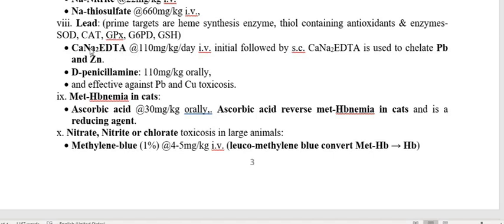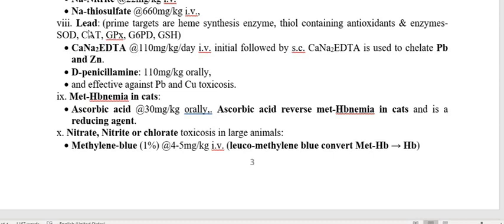Calcium disodium EDTA is a chelating agent for lead toxicity, and it has the property to bind with the lead.